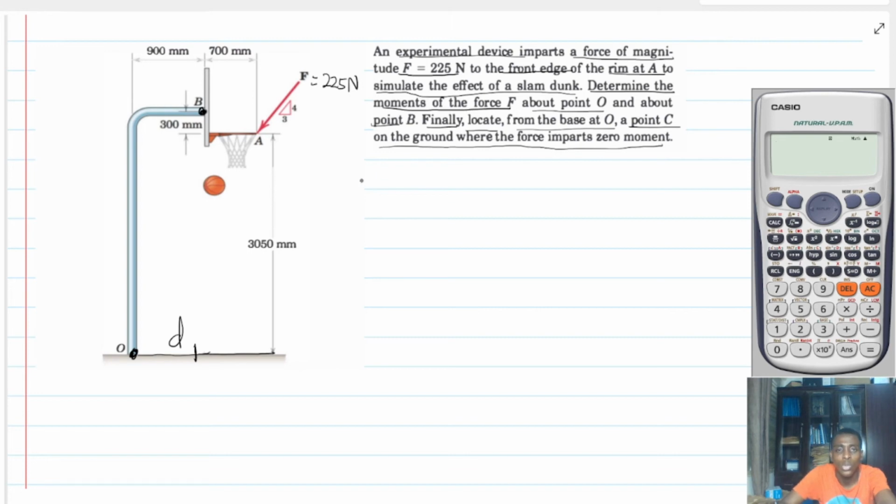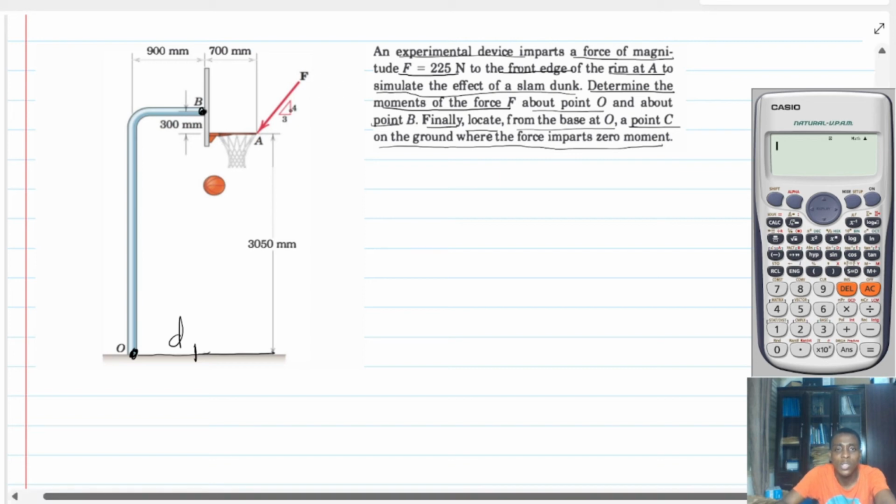Okay. So I have a force triangle and I have this force. Using the force triangle, I can resolve this force into x component and y component. Now the x component is going to be 225 into what? That is 3 on 5.